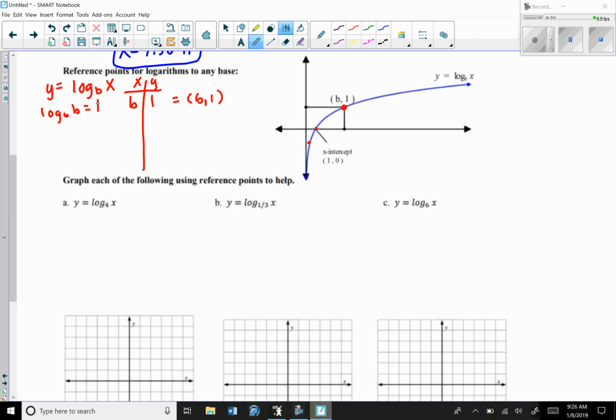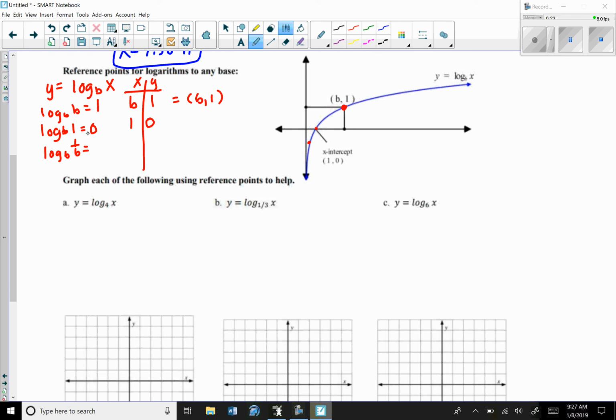And again, that's because b to the first power equals b. The next one is the log base b of 1 is equal to 0 because any b to the 0 power is 1. So our next reference point is 1 and 0. Then the next one we have is log base b of 1 over b.